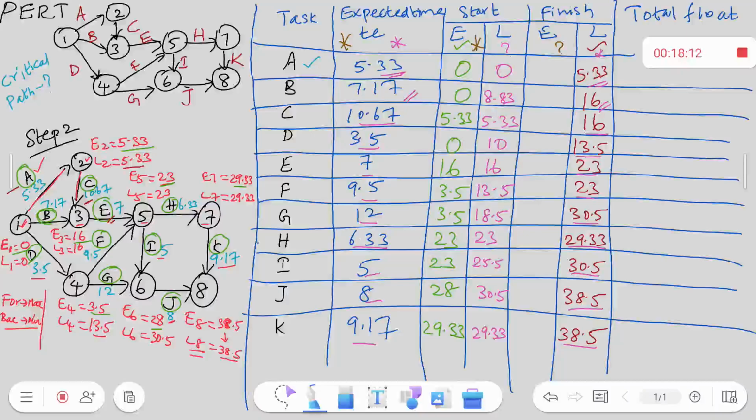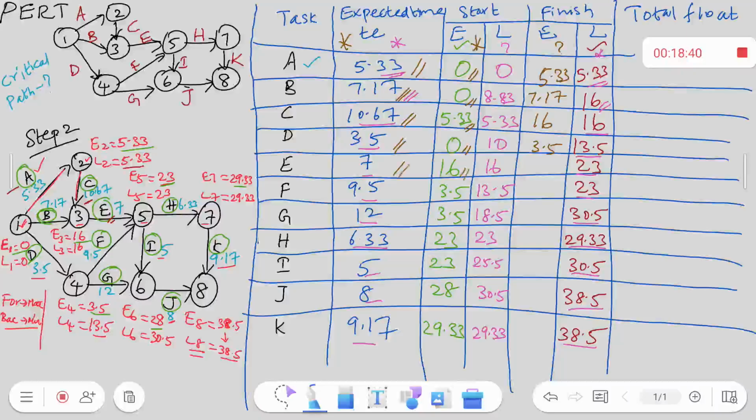So 5.33 plus 0 is 5.33. Next is 7.17 plus 0, which is 7.17. Next is 10.67 plus 5.33, so it is 16. Next, when I add 3.5 and 0, it is 3.5.